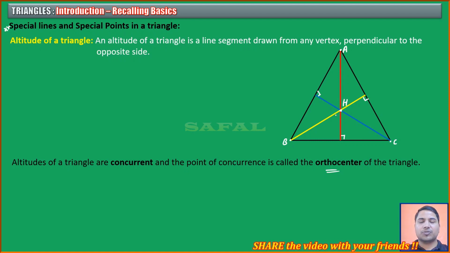If I need to draw an altitude, I drop a perpendicular from the vertex to the opposite side of the triangle. The point of concurrence of the altitudes is the orthocenter, generally denoted by capital letter H.